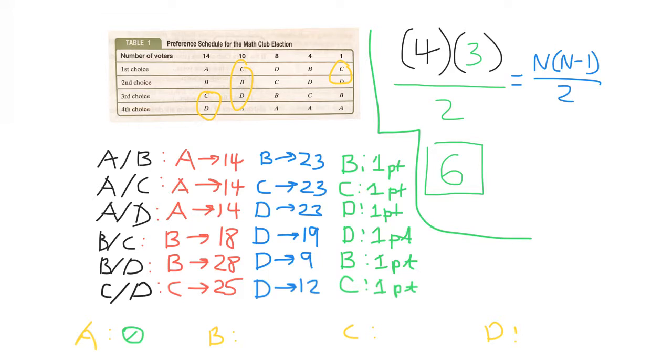B got 1 point here plus another point here, so that's 2 points for B. C got 1 point here and 1 point here, so that's 2 points for C. And finally, D got 1 point and 1 point here, so that's 2 points for D.